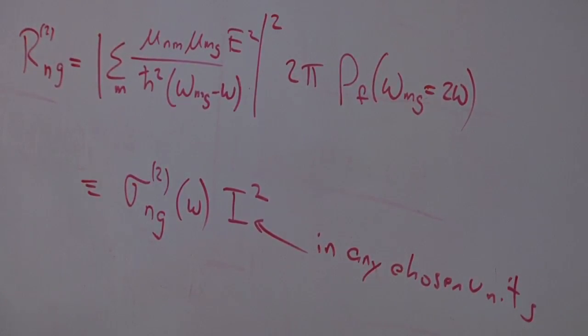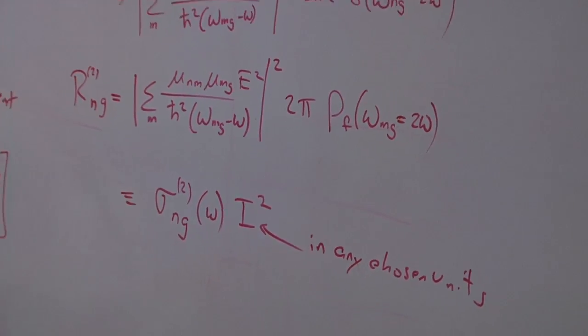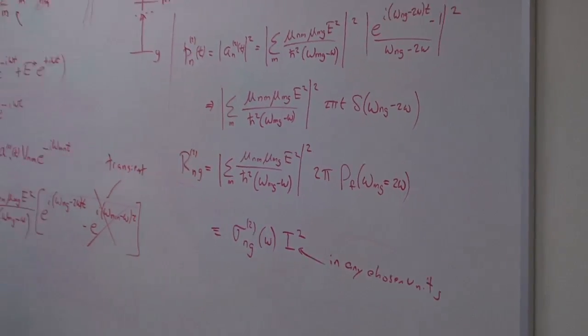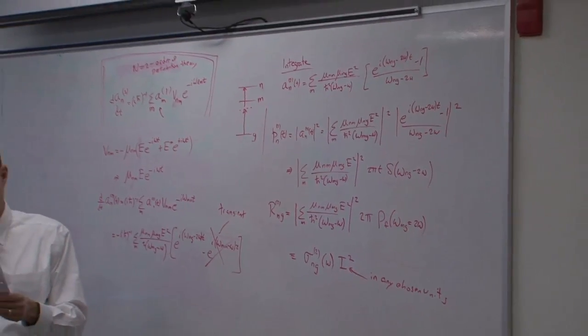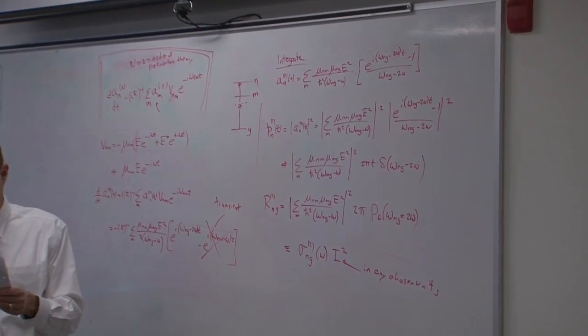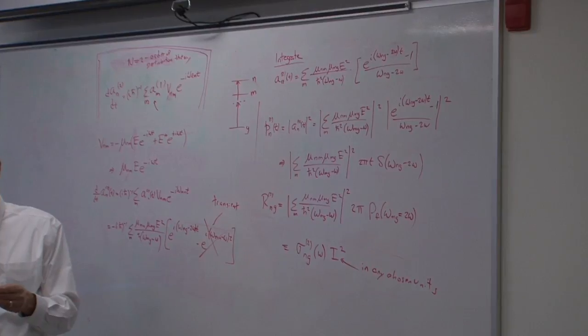So I think we can stop this here. Let's see, were there any things? Why would we have an I squared?